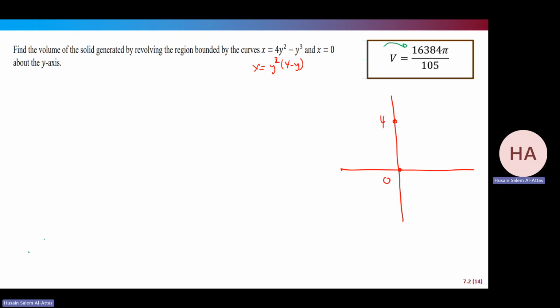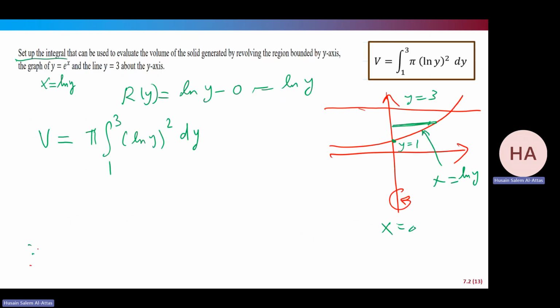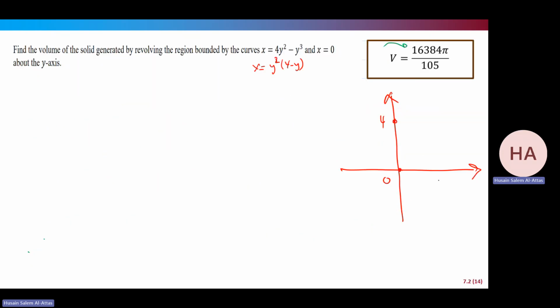No. If x is positive, this is the x-axis, y-axis, so y cannot be less than 4.